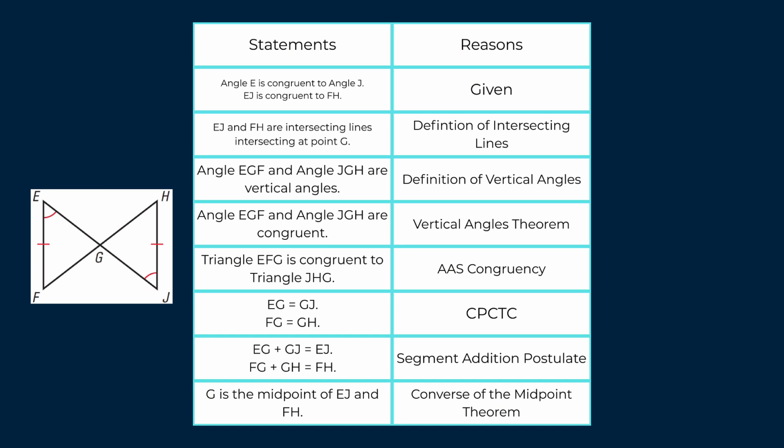But since G is halfway between EJ and FH, that means that G is the midpoint of EJ and FH by the converse of the midpoint theorem, which is true. So we already proved that G is the midpoint of EJ and FH, which is what we were trying to prove. So there's our entire proof.